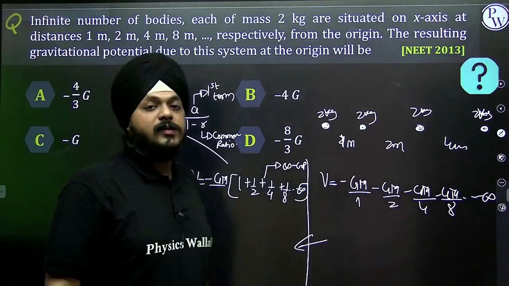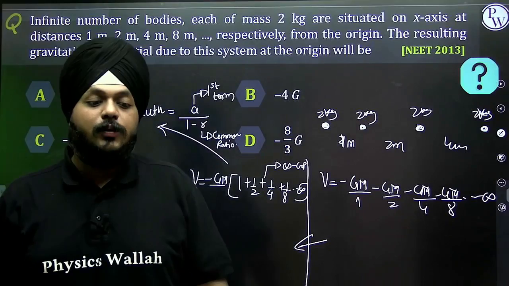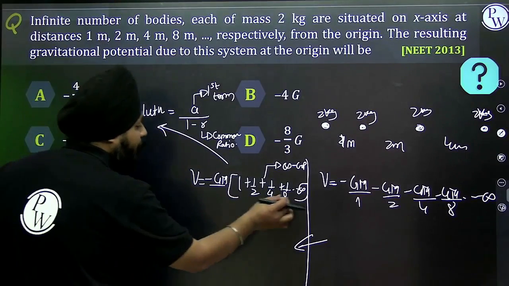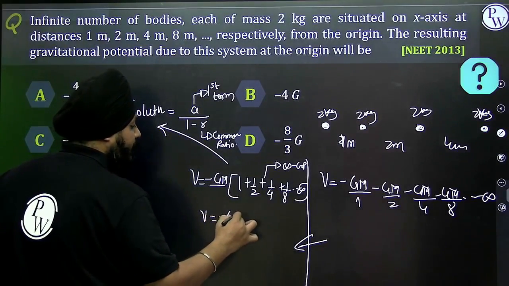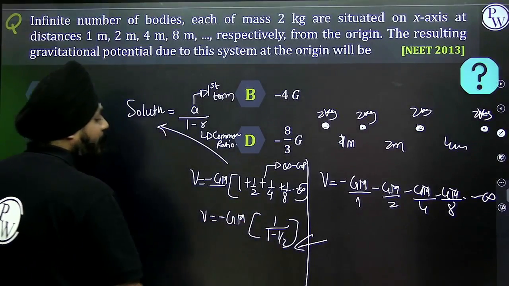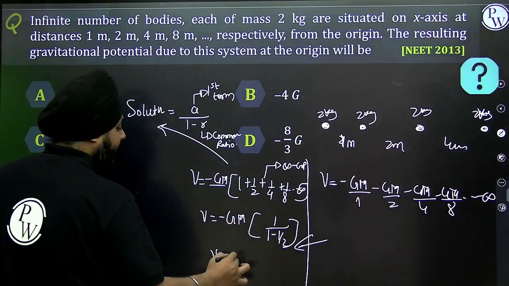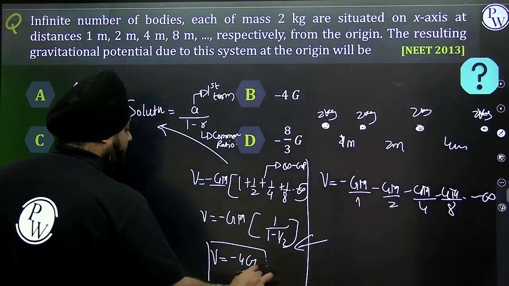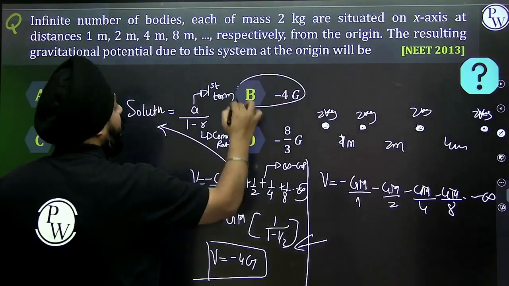If you identify the series, the first term is 1 and the common ratio is 1/2. Now mass is 2, so what will be the net potential? Negative of 4G. This is the perfect answer for this specific question.